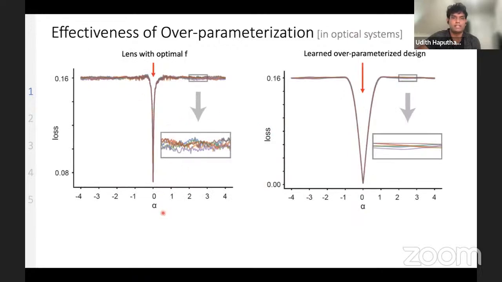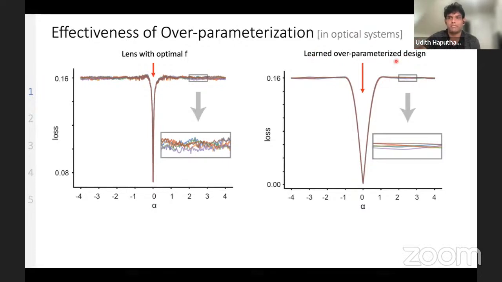The first diagram, alpha equals 0, means the lens with the optimal f. The second one, alpha equals 0, means our learned overparameterized design. We can see really high fluctuations around the lens with optimal f, but in contrast, the fluctuations are very low frequency around the learned overparameterized design.